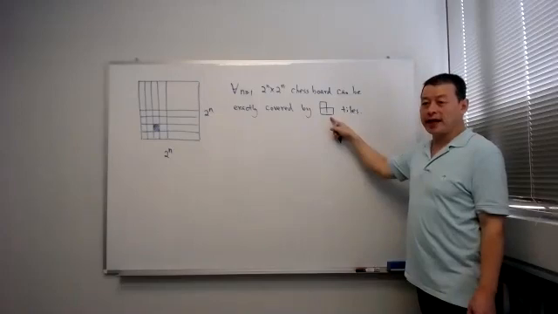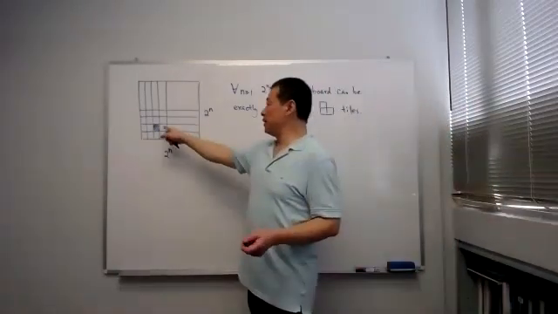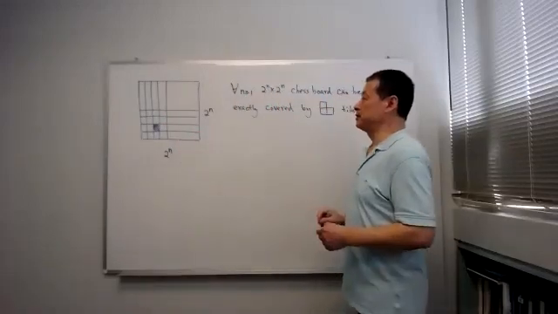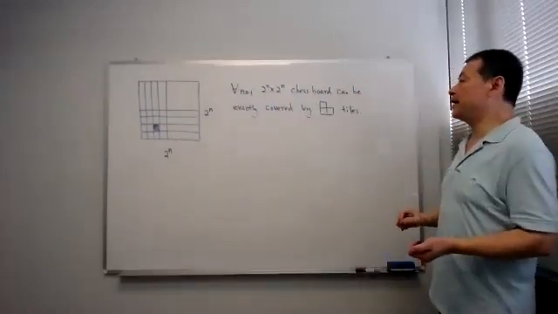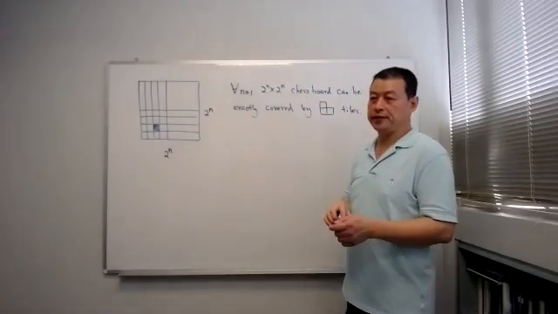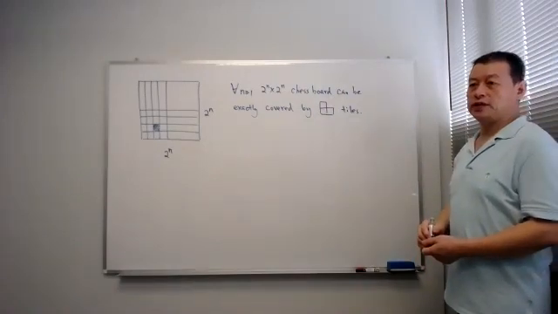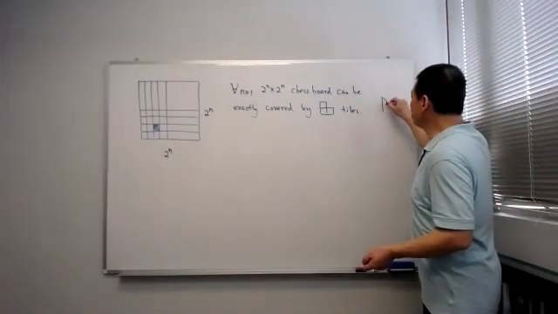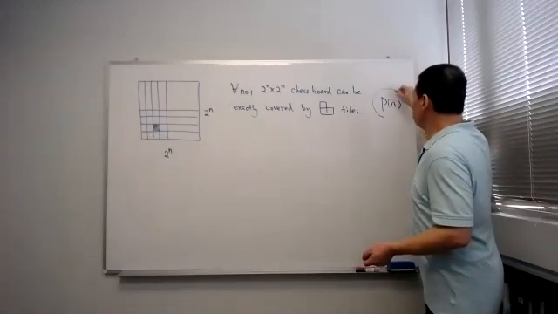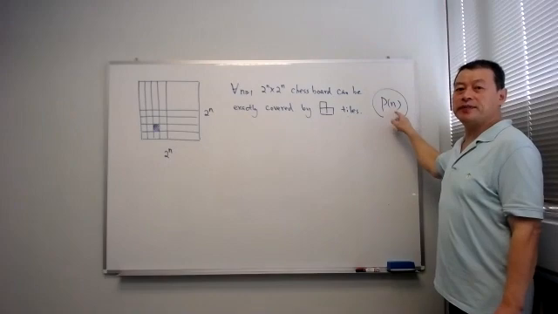This L-shaped tile consists of 3 squares. Regardless of where I remove 1 square out of the chessboard, we can always cover it as long as it's a 2 to the power n by 2 to the power n chessboard. So that's the statement we want to prove. That's statement Pn.